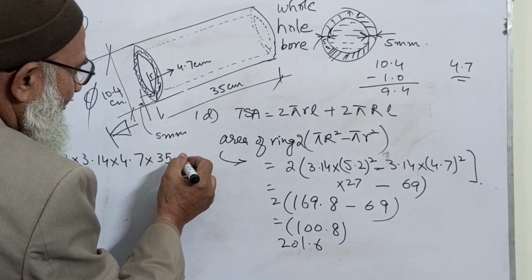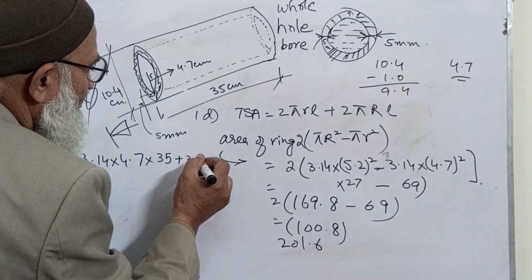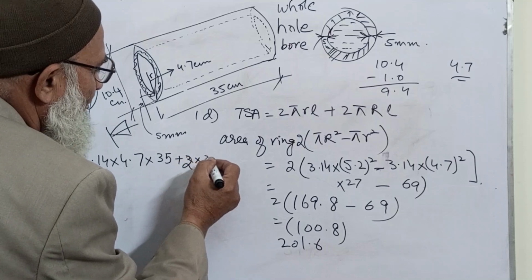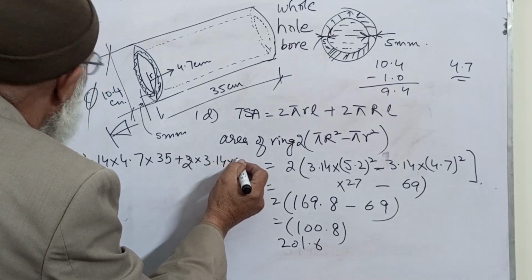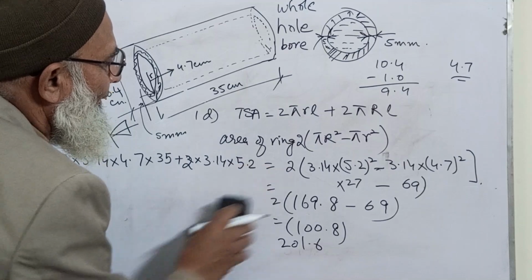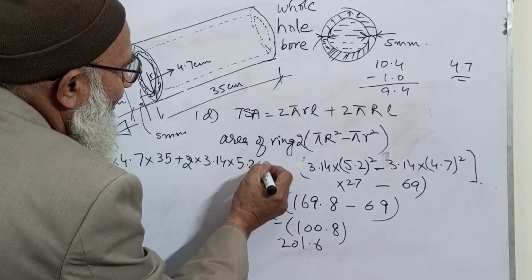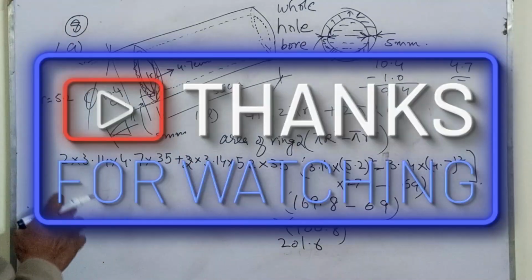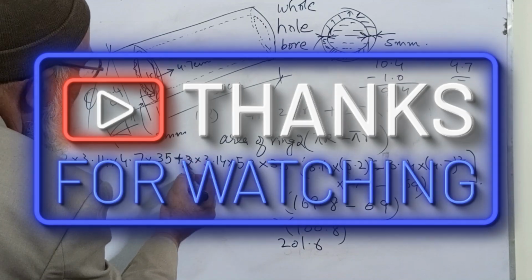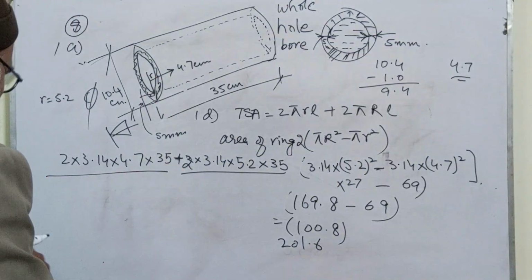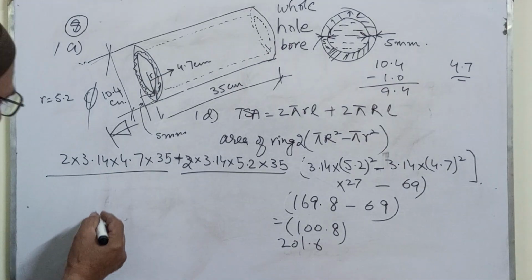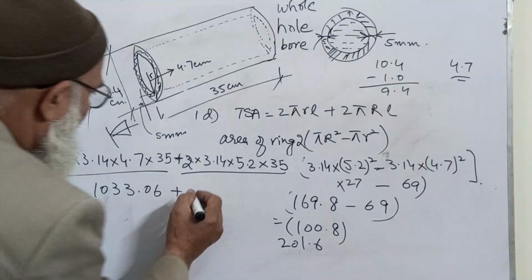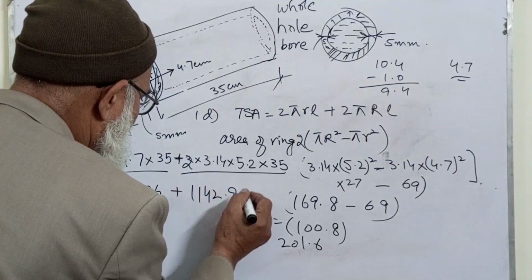and adding this 2 multiplied by 3.14 multiplied by 5.2 multiplied by L. There is a plus sign in between. Okay. This and this will be multiplied and then added together. 1033.06 plus 1142.96.